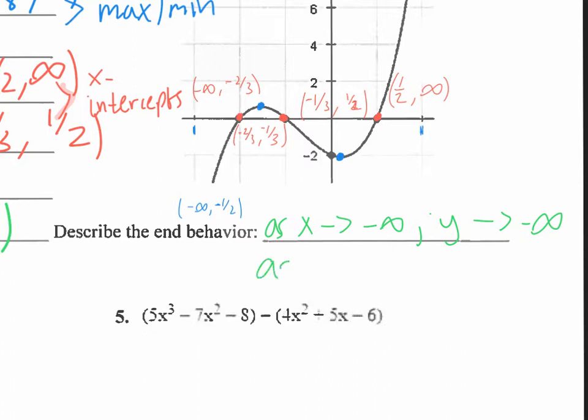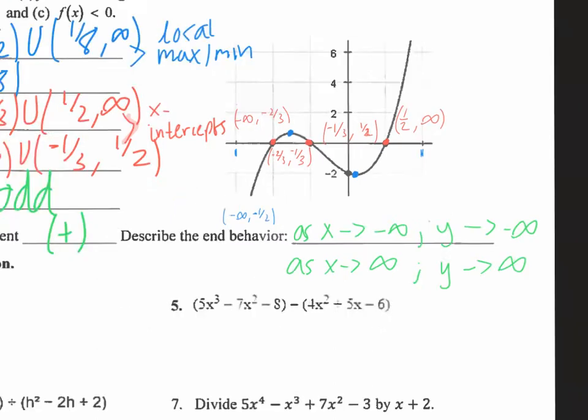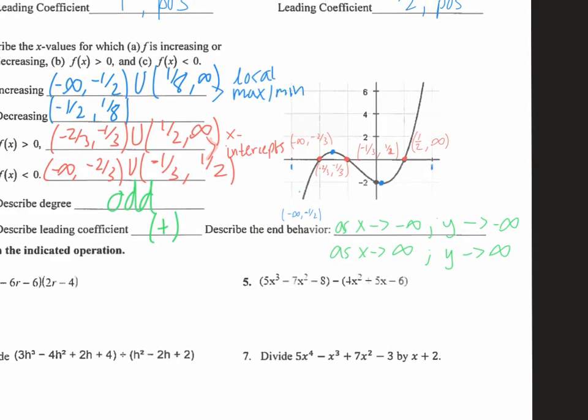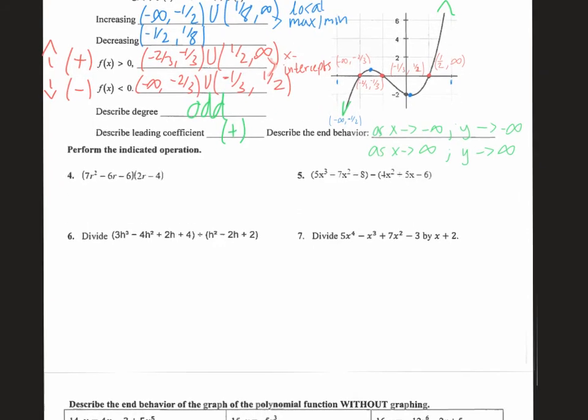And conversely, as x goes to infinity, or as x goes right, then my y goes to positive infinity, which is up. As x goes left, I'm going down. As x goes right, I'm going up. Pretty simple.